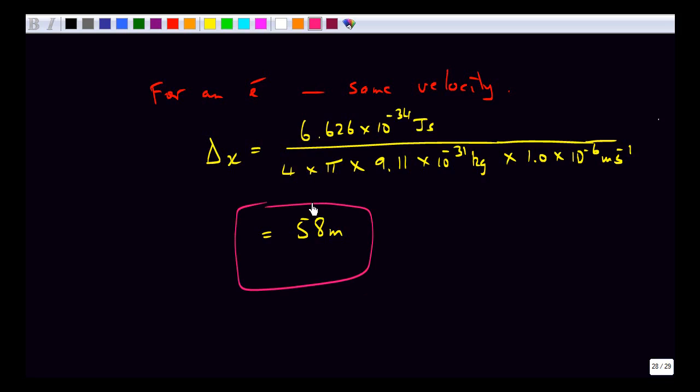So this is the big difference, if you like, between looking at a classical view of particle movement and the quantum mechanical view. Classical view says we can measure the momentum and the position exactly, so therefore at any time in the future we can predict the position of that particle.